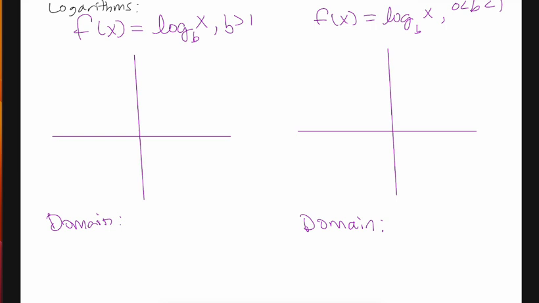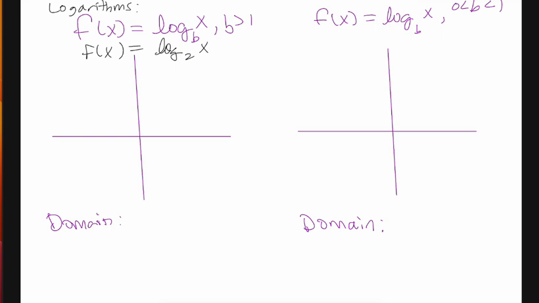The first one is related to our growth. So it is the inverse of a growth function. So let's call it the log base 2 of x. So that would be an example of what I'm talking about when the b is bigger than 1. So the log base 2 of x.